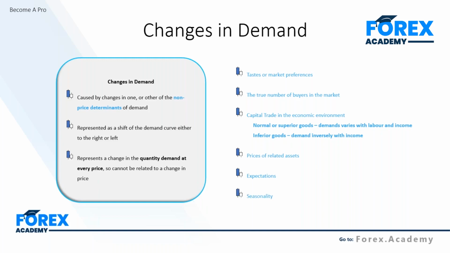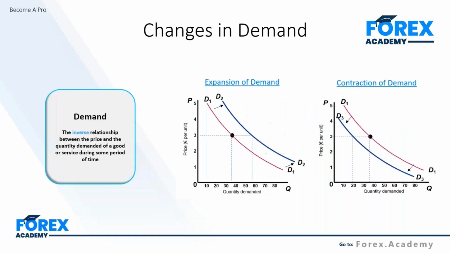Now, we define changes in demand by really viewing the charts here. We have two very fine definitions. The inverse relationship between the price and the quantity demanded of a good or service during some period of time is expressed as either an expansion of demand or a contraction of demand. Okay, and here we see the two charts respectively in front.